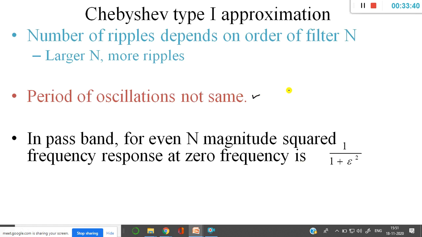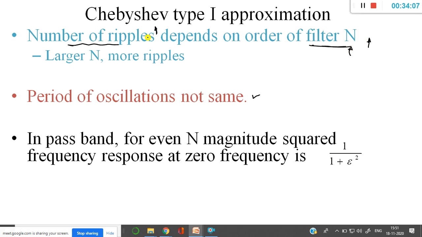Okay, the other point is that the period of oscillations is not the same, and the number of ripples. Very important point. How many ripples exist in the Chebyshev approximation method? These ripples depend entirely upon the order of the filter.